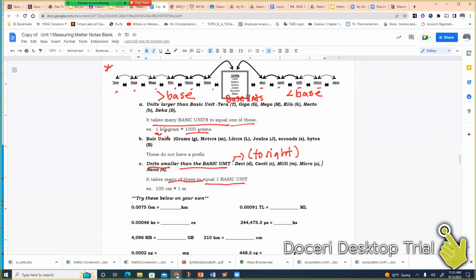If you are going from the base to the smaller one, you would be moving to the right, and then my number is decreasing. On this side, if I'm moving to my left, my number should be increasing.